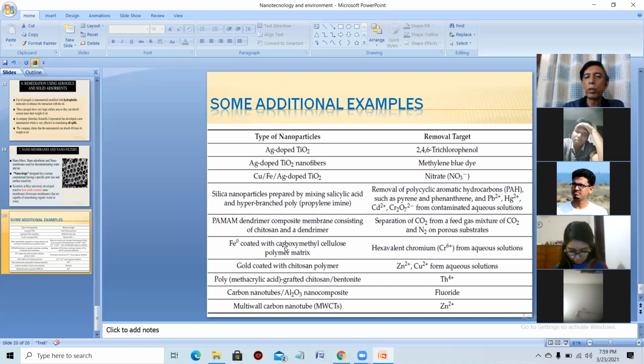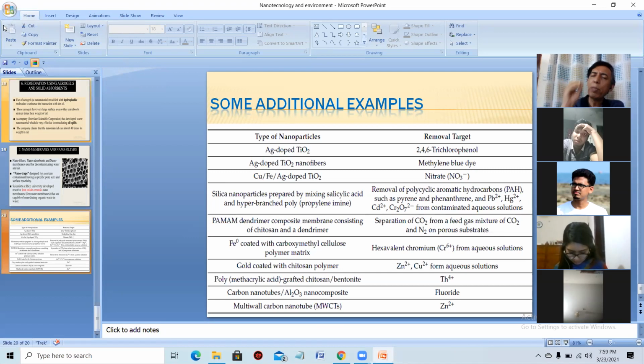Iron coated with carboxymethyl cellulose polymer matrix can be used to remove hexavalent chromium from the aqueous solution. This PAMAM dendrimer can be used to separate carbon dioxide from a gas mixture of carbon dioxide and nitrogen on porous substrates.